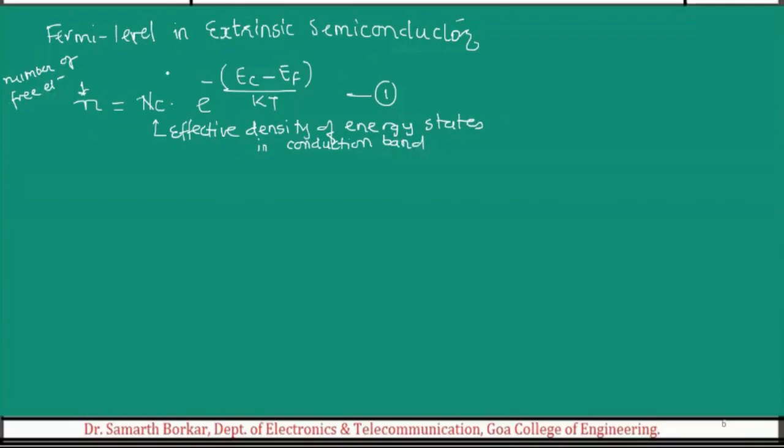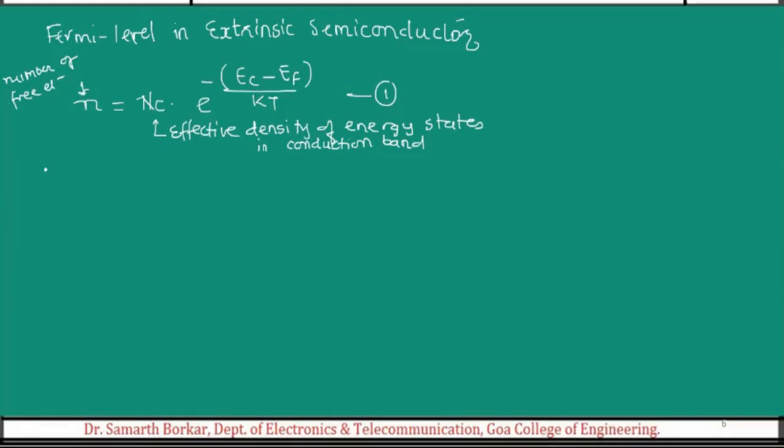And what about this entire exponential function? It tells you whether that particular density state is occupied or not. So it reflects the probability. Okay, just three things involved here. If I multiply the effective density of states with the probability function, I will arrive at the concentration of electrons.